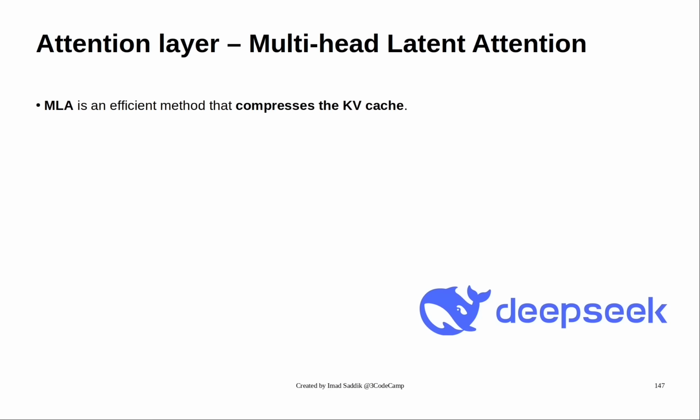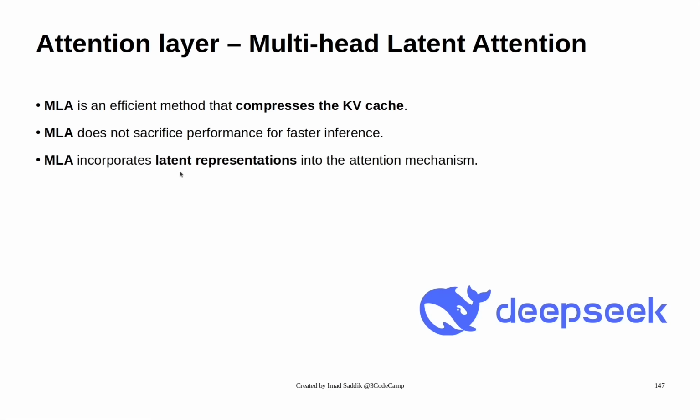So with this method, DeepSeek have shown that they can reduce this KV cache by compressing it. The great thing about this is that it does not sacrifice performance, and it guarantees faster inference. We have seen that methods like multi-query attention or grouped query attention also try to lower the KV cache, but the problem is that the performance might degrade. But with MLA, it guarantees both things.